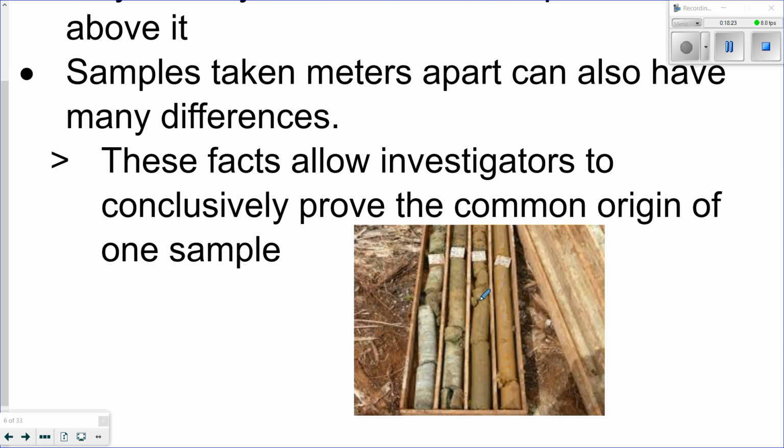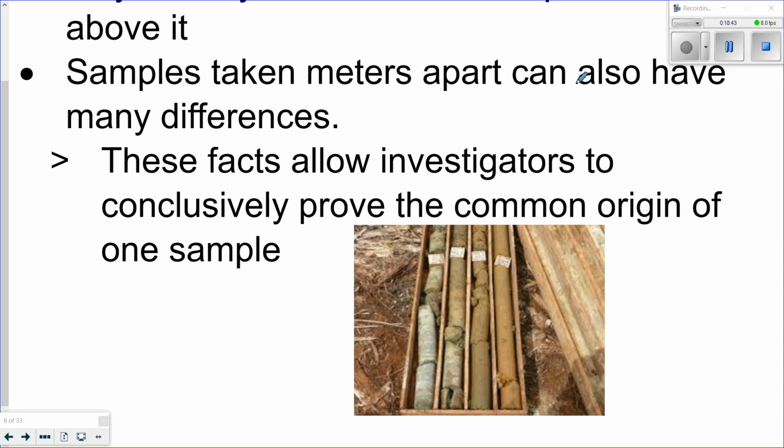The one next to it is from further down. It starts to get more solid, have more rock in it. The one next to it starts to have more rock in it. The one all the way to the left, definitely more rock. It's not going to stay together and have that clay that kind of sticks the particles together.